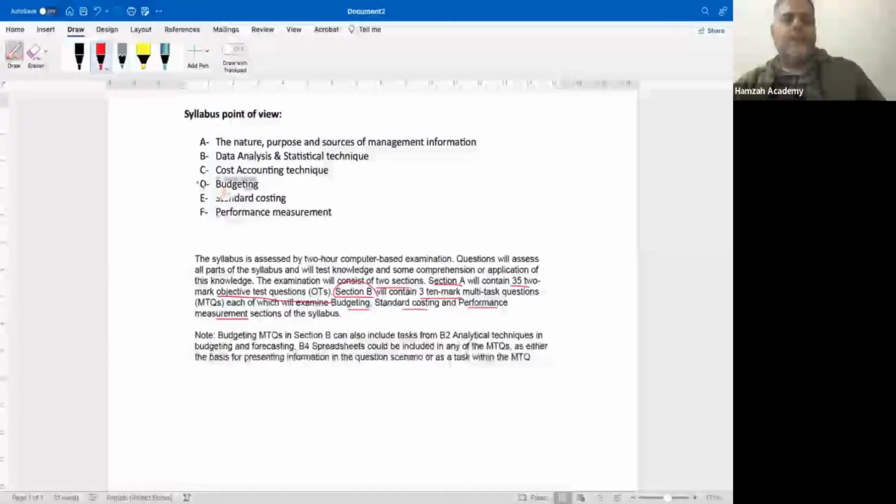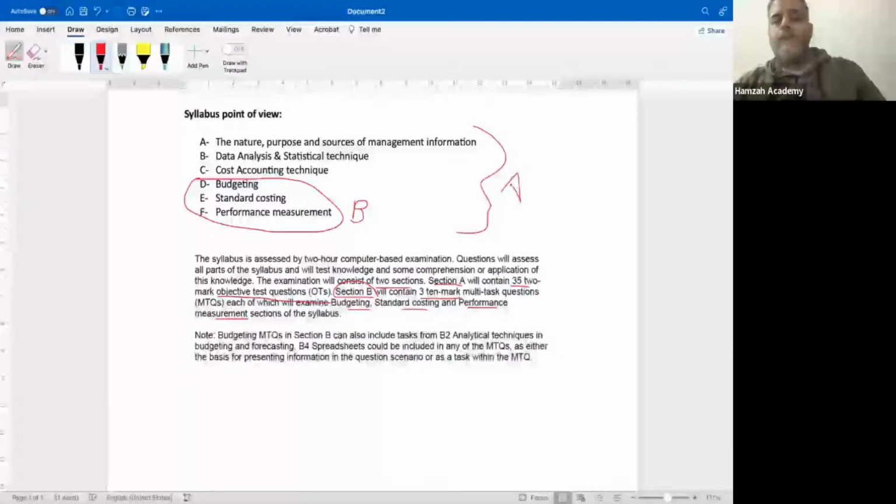So technically, budgeting, standard costing, and performance measurement are explicitly going to be in section B, and this whole area can be in section A as well, right? I mean, we can have questions from budgeting, standard costing, and performance measurement in section A as well.